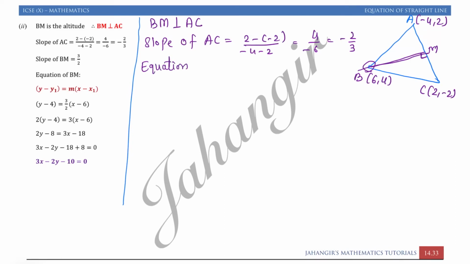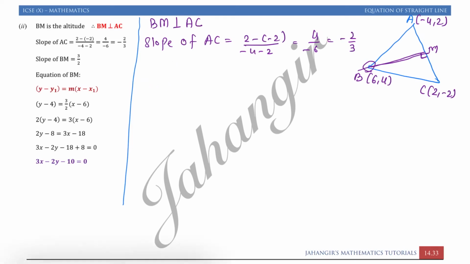Equation of BM. So we can say y minus 4 is equal to m, that is minus 2 by 3 into x minus 6. So you can cross multiply 3 into y minus 4 is equal to, oh, I didn't take slope of BM, I just wrote the slope of AC. So I will first find slope of BM.